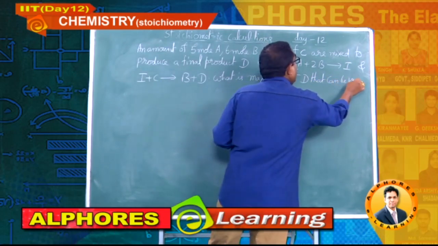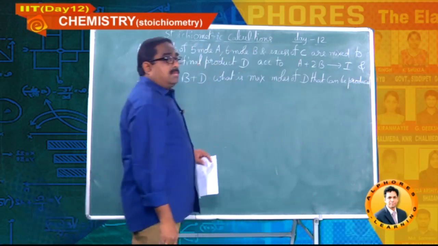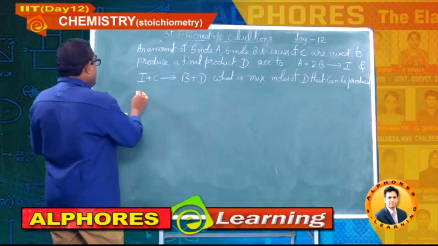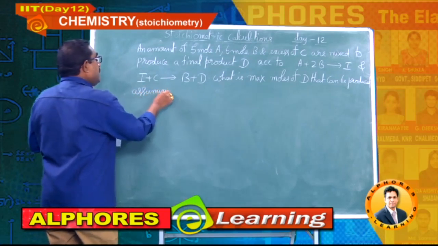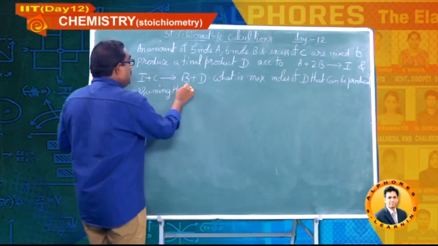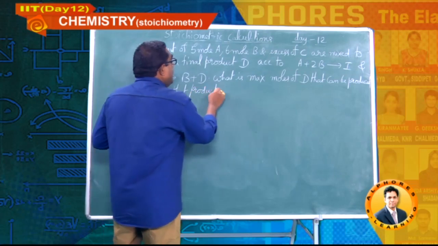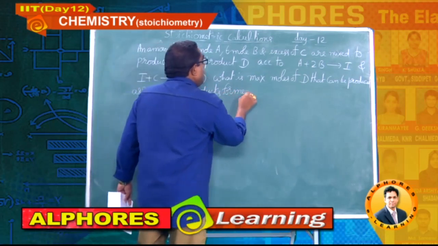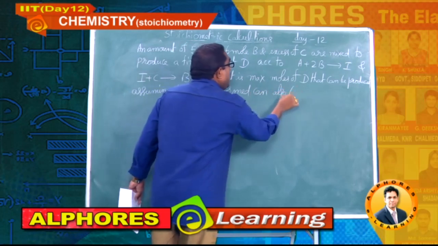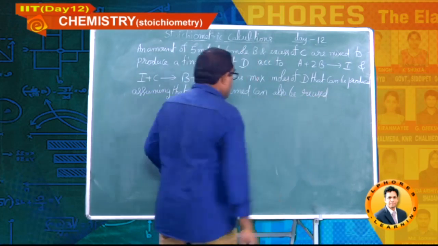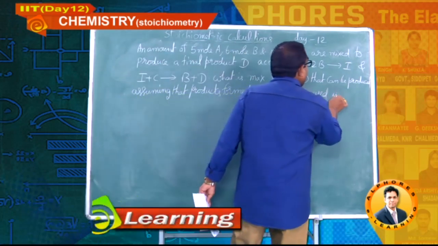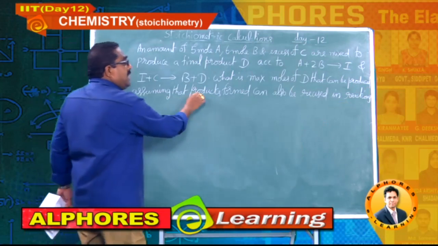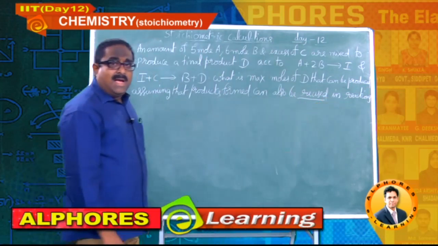Write down, students, what is the maximum moles of D that can be produced, assuming that products formed can also be reused in the reactions. Very, very important.